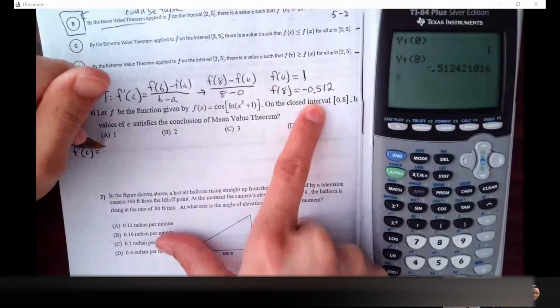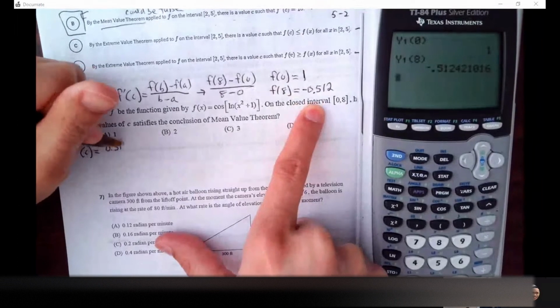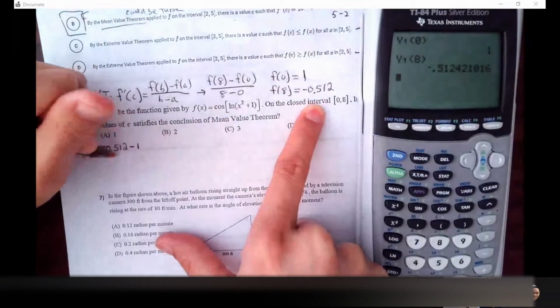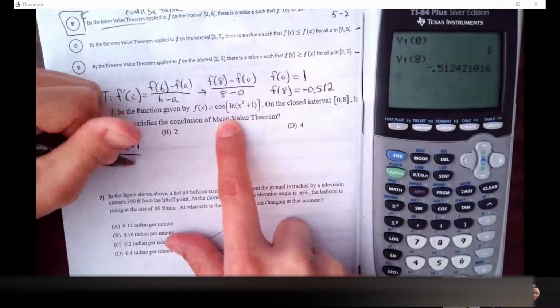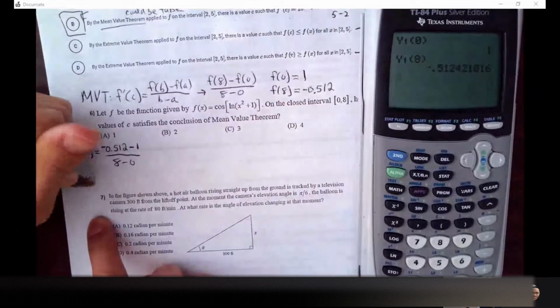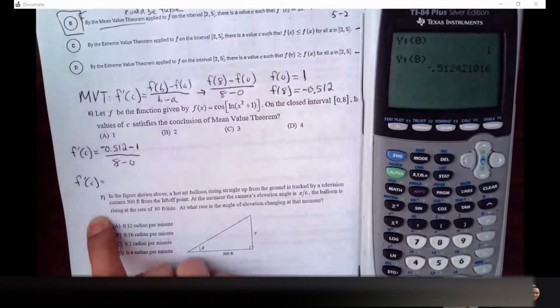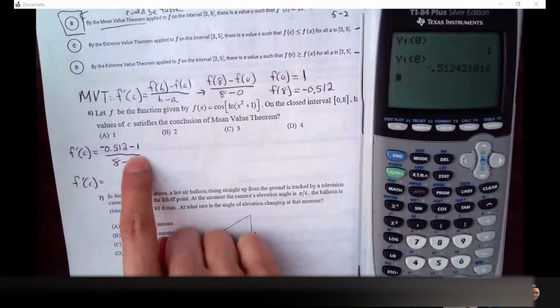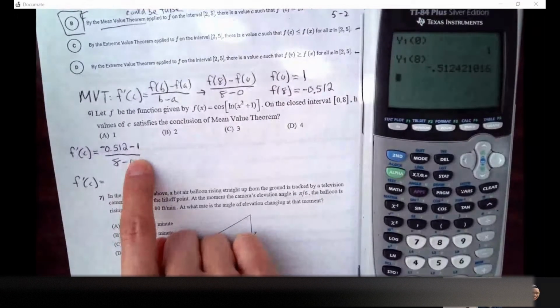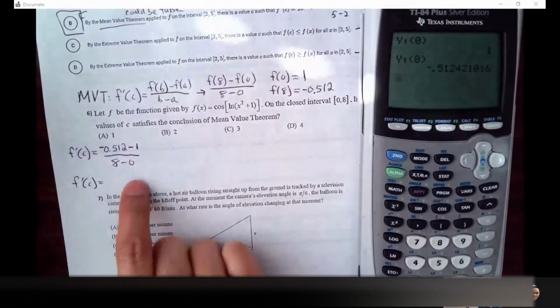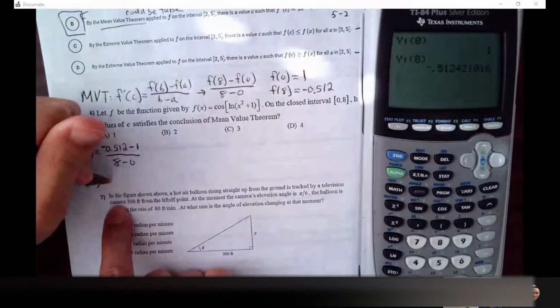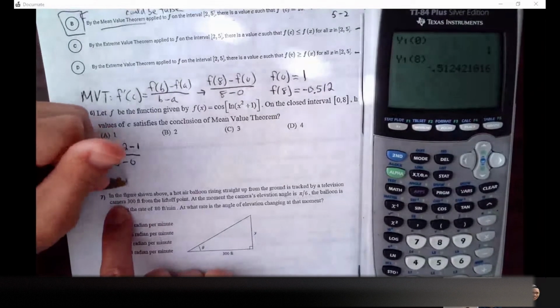So change in y over the change in x. Clean that up in our calculator. We get negative 1.512 over 8, and that just gets us to negative 0.189.